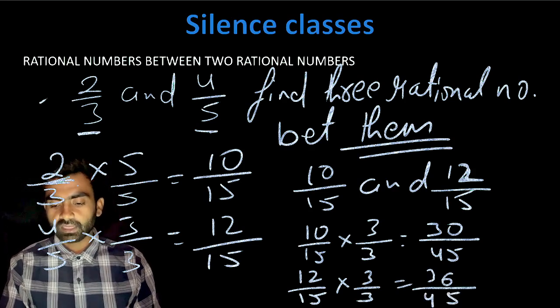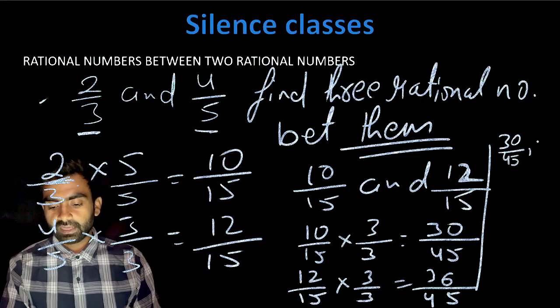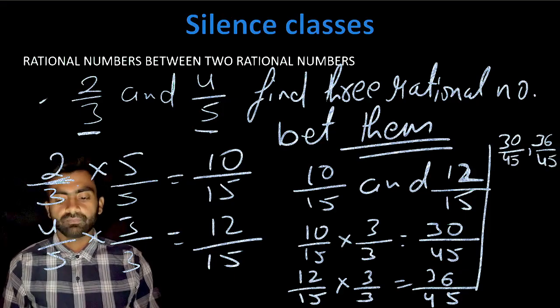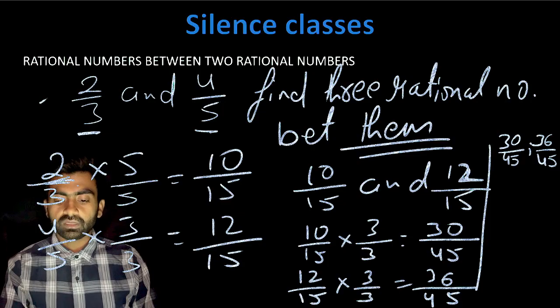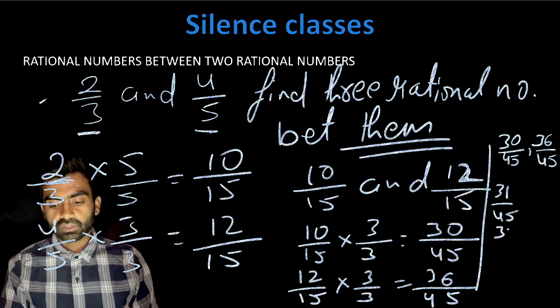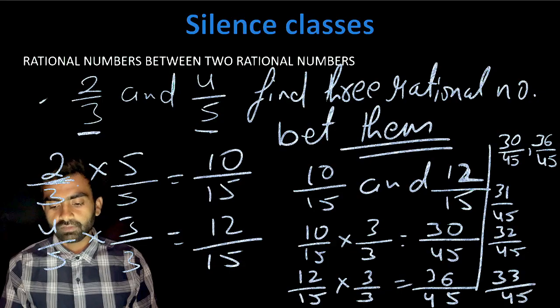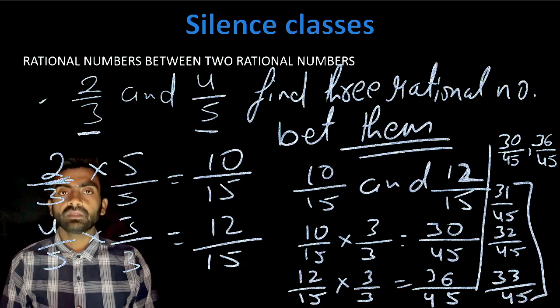So now we get 30 upon 45 and 36 upon 45. Now you can check that three numbers can be found between them. So 31 upon 45, 32 upon 45 and 33 upon 45 are the three rational numbers between them.